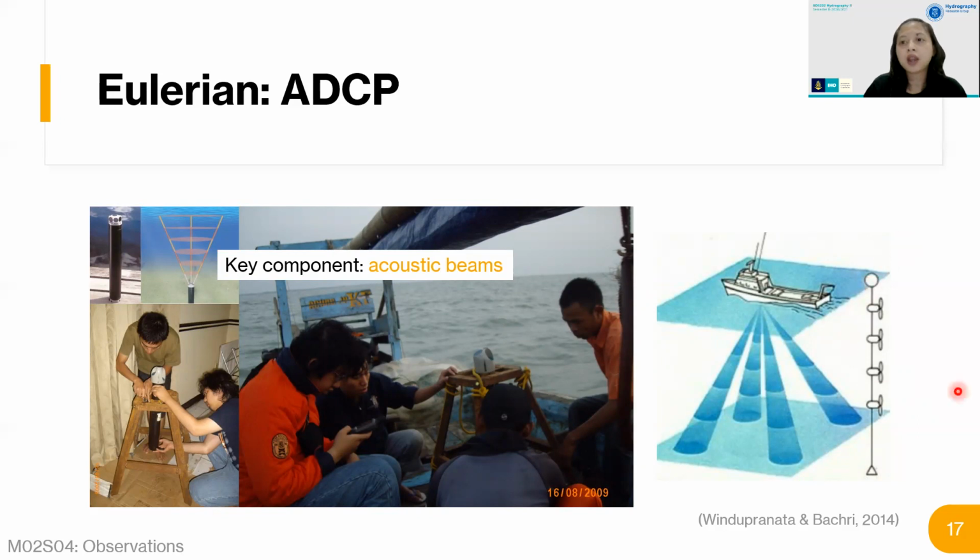So instead of having a propeller, you've got your acoustic beam that is pinged to the water, and then you will track the water particles in the water, okay? And that's basically how you track the speed. So you can imagine ADCP is very, very good in water that has more particles. It's rather counterintuitive, but that's actually how it works.